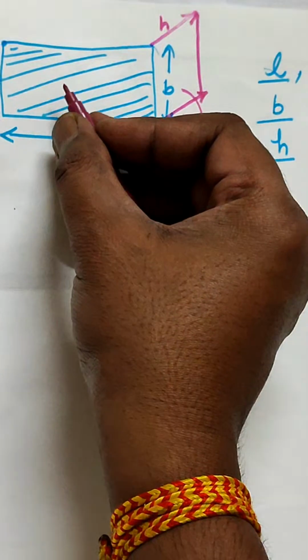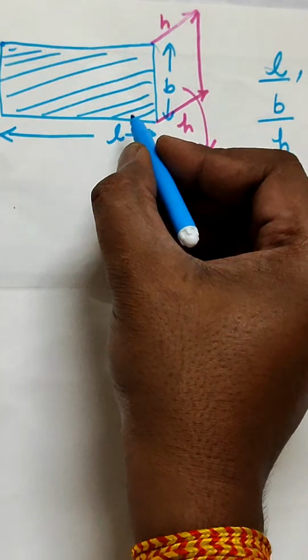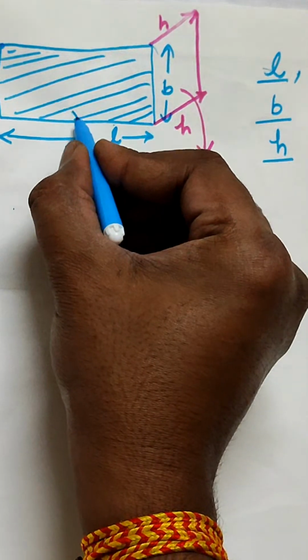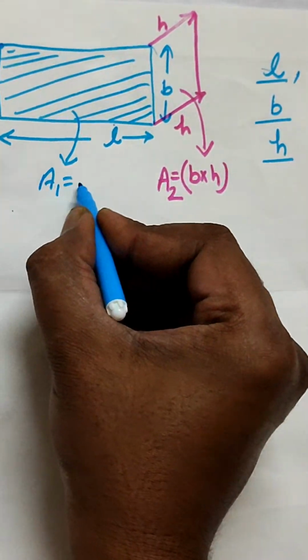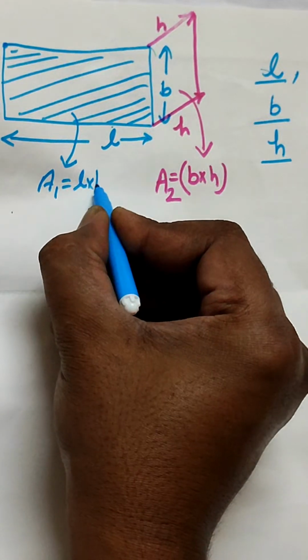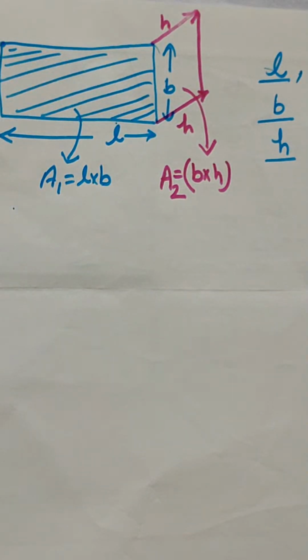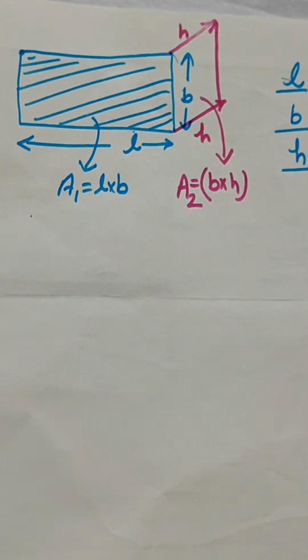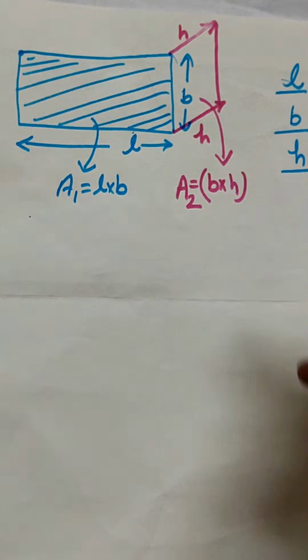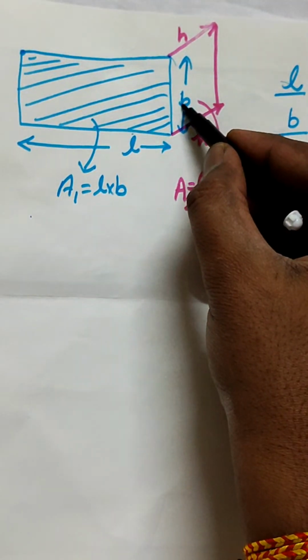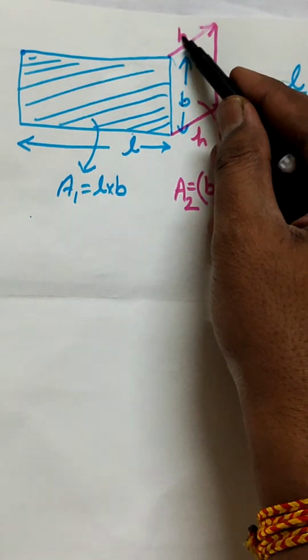And the area of the first face, here it's L and B, so it will be equal to, let's say A1, which is equal to L into B. Now the third face will be formed, with this base, this breadth and this height.